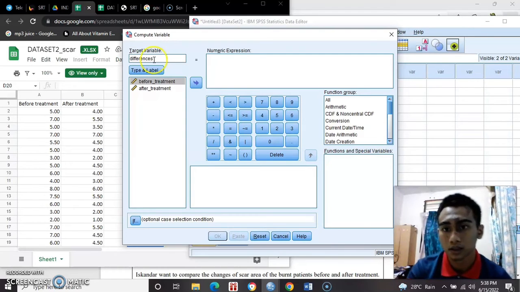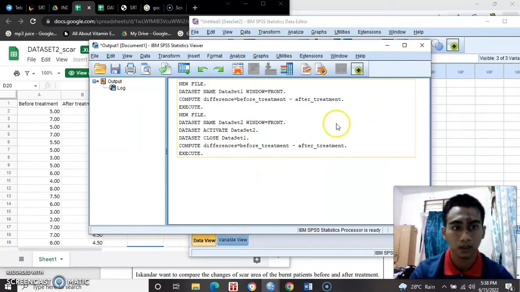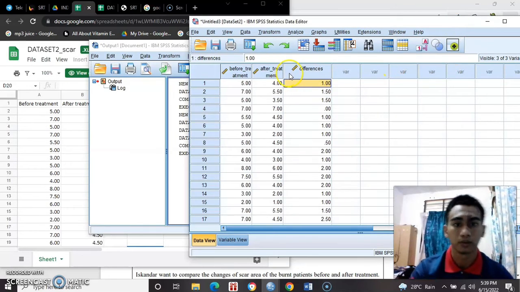So we put the before treatment in the numeric expression and minus the after treatment. So we click OK and wait for the output. Okay, so this is the difference of before and after treatment.